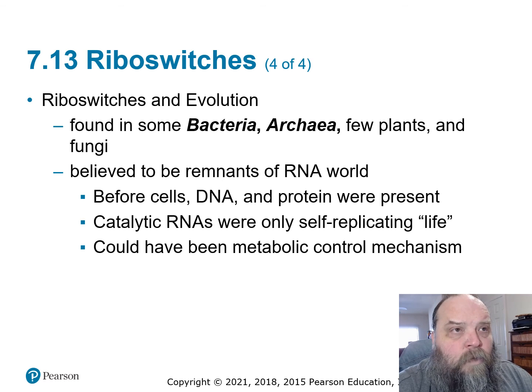They think it's a remnant in some of these older species that have been carried over, conserved evolutionarily from the RNA world, back before there was DNA, back before there were proteins and life, quote unquote, life as we know it at the cellular level. RNA was king. Before there were protein polypeptide-based enzymes, there were ribozymes. So they think that these riboswitches are a holdover from that original RNA/ribozyme world.